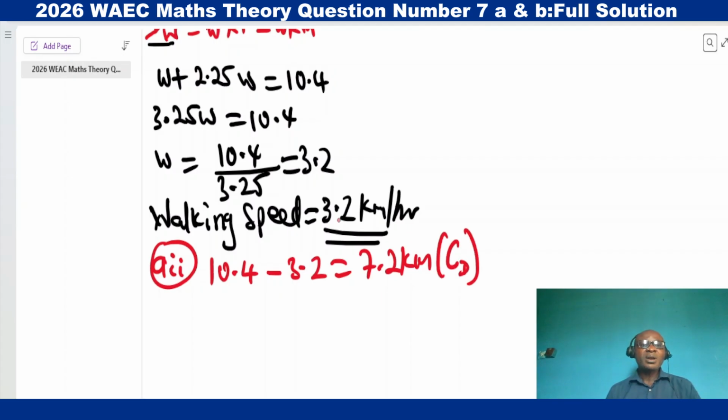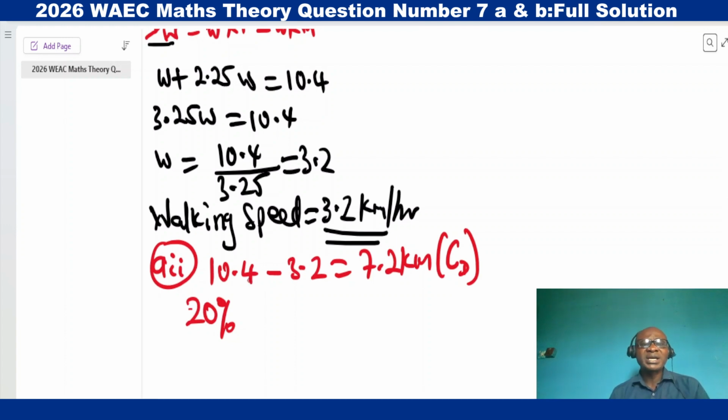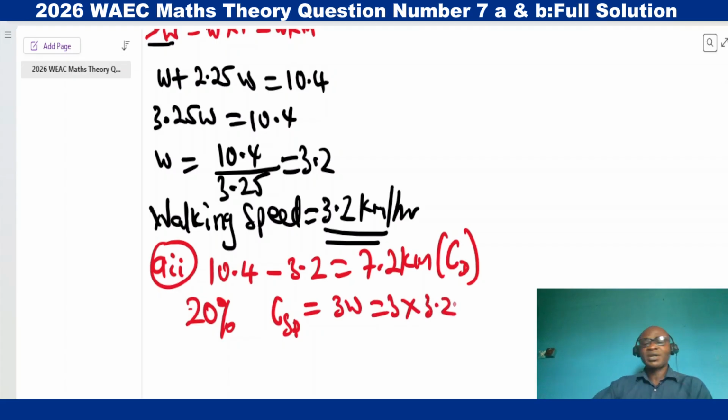Therefore, I want to find the increase. We want to increase the cycling speed by 20%. But what was the cycling speed earlier? It was 3W. It is going well.